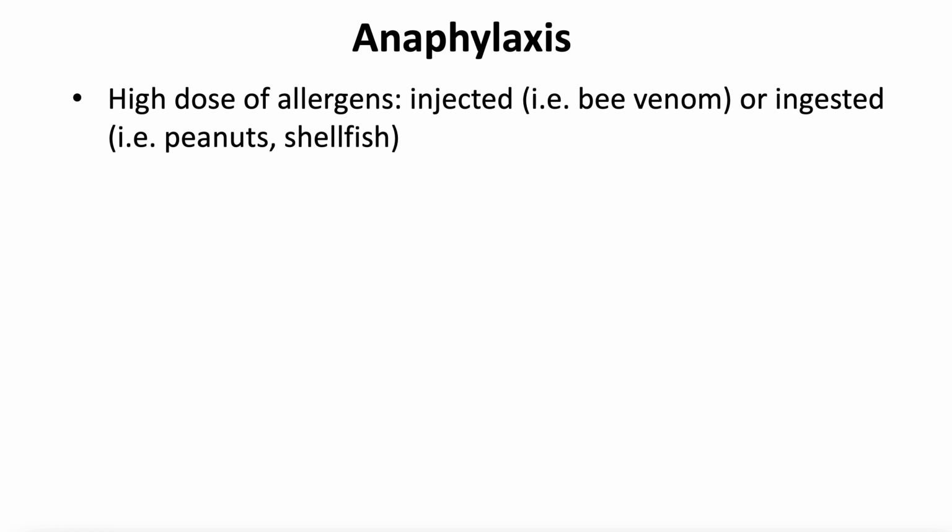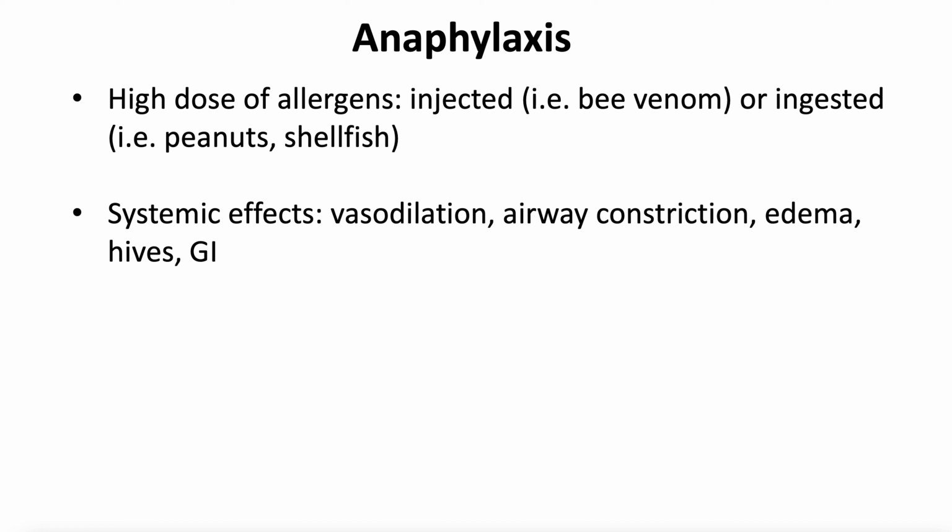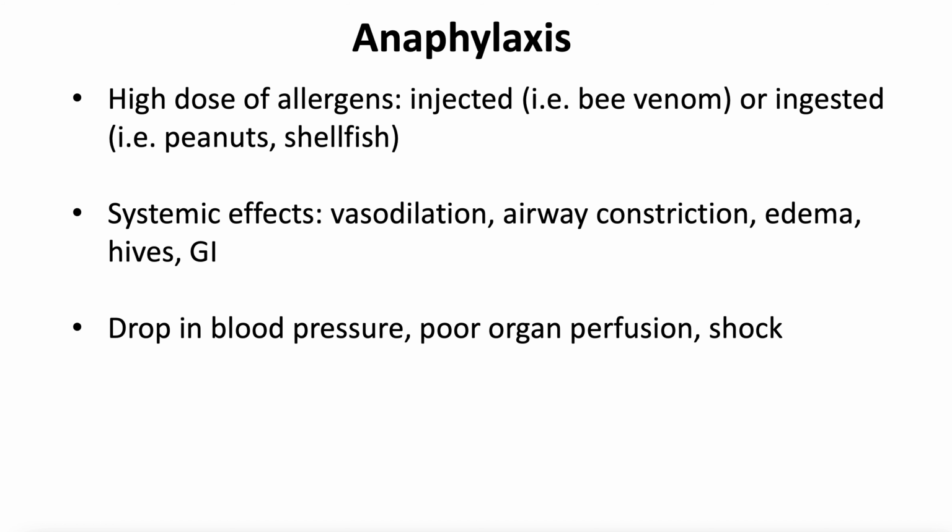So what is anaphylaxis? Well, anaphylaxis typically occurs when you get a high dose of allergens, and usually these are to allergens that are either injected, such as venoms, or ingested, such as certain foods like peanuts and shellfish and so forth. Because of that high dose, these allergens can induce systemic effects such as vasodilation and airway constriction, edema and hives, and gastrointestinal distress.